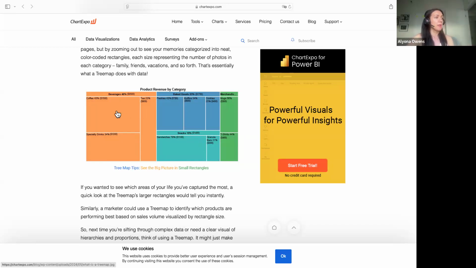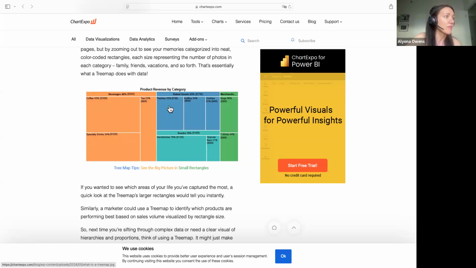Okay, we're good. So the color just kind of separates the categories, right? And so under beverages, let's say it's a company and this is their spending. They spend 43% of their budget on coffee, which is 1,500. They have special drinks that's eating up 34%, which is 1,200. So the numbers do add up. And then there's tea, 23%.